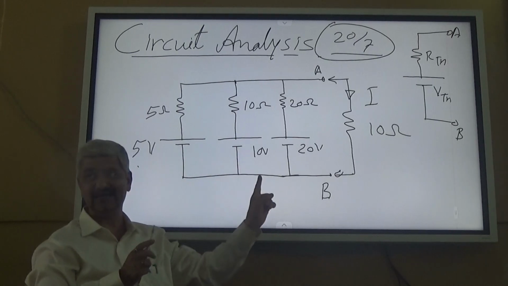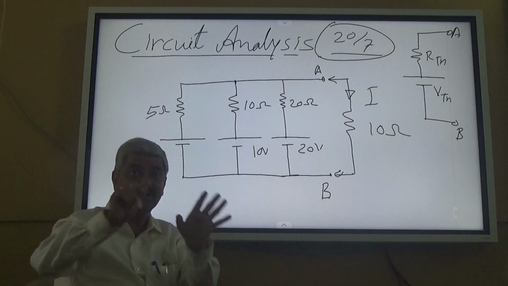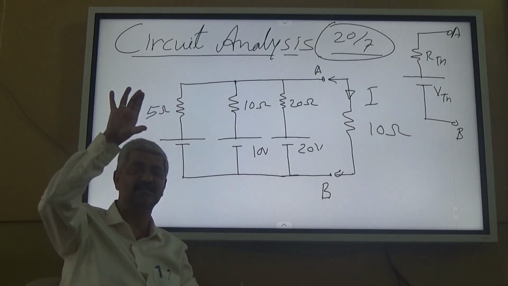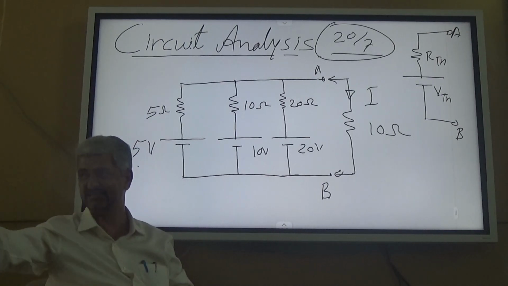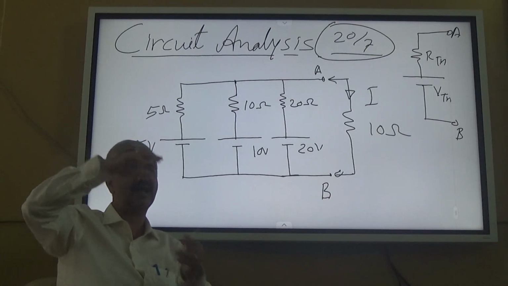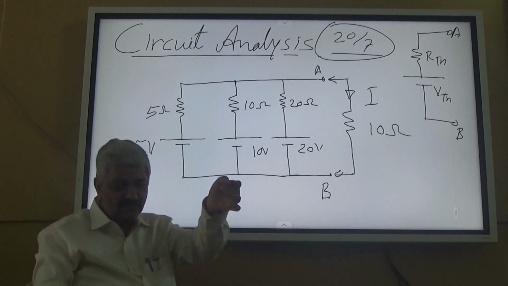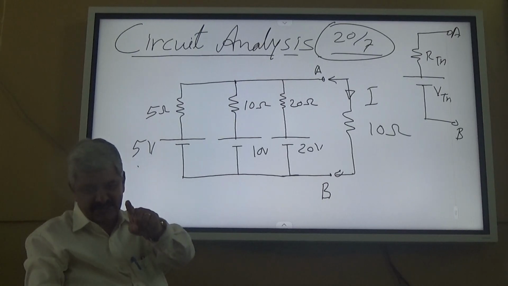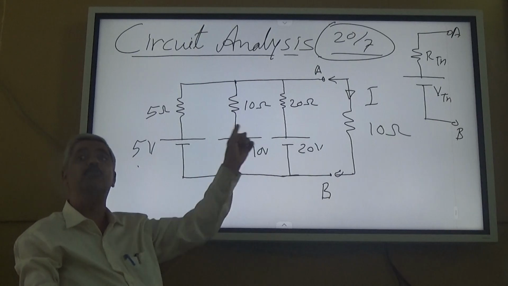Find out for this peculiar case, not any case: parallel branches with each branch consisting of one voltage source and one resistance in series. And if it is brought out, then there is a Thevenin's equivalent circuit for parallel combinations of voltage sources and resistances, and it can be 3, 4, 5, anything.